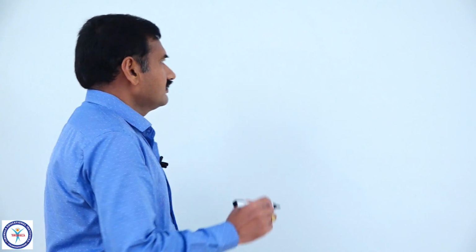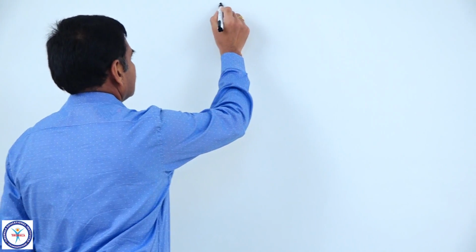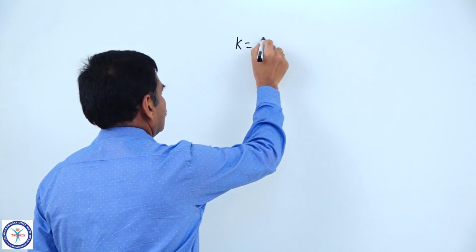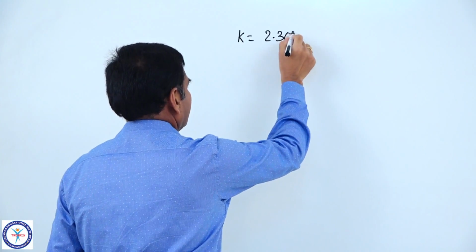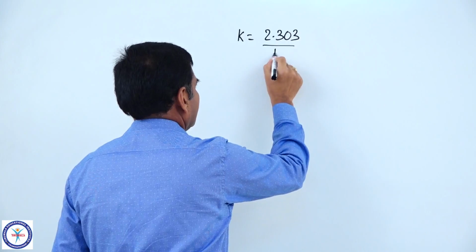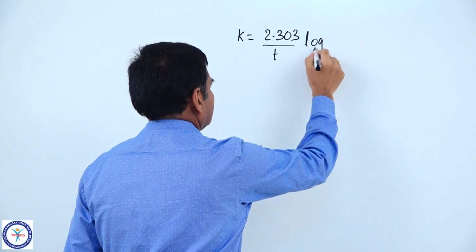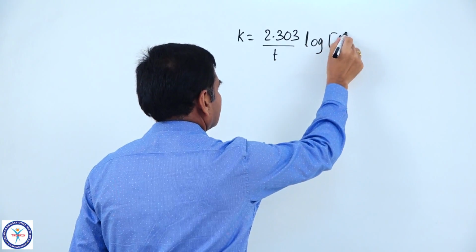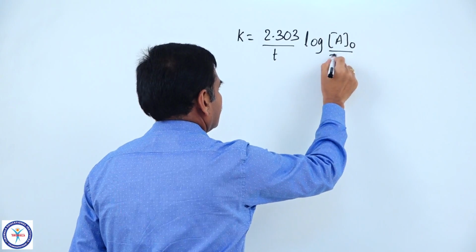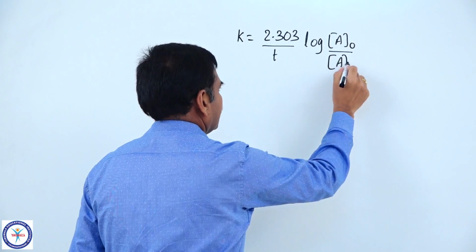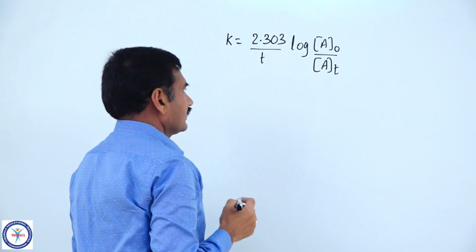The integrated rate equations for first order kinetics and zero order kinetics we have already derived. The rate constant for a first order reaction is K equal to 2.303 divided by t into log of initial concentration of reactant A naught divided by concentration of reactant left in time t.